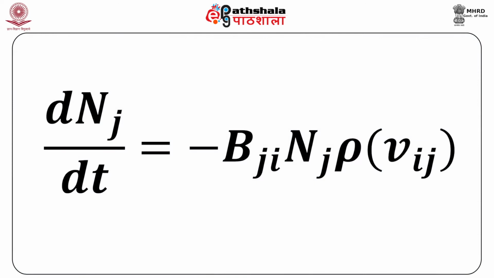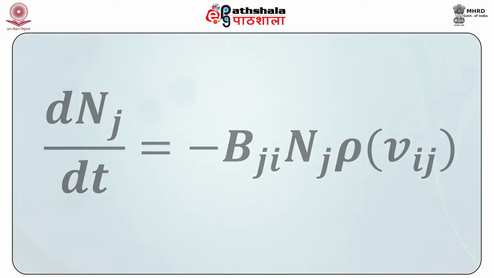Similarly, there is a rate of induced emission, but obviously it depends upon the population of the upper state, and in this case dNj by dt will be negative because the population is decreasing. It is Nj Bji rho nu ij, where Bji means from the population of j to i, and Bji is now called the Einstein coefficient of induced emission.